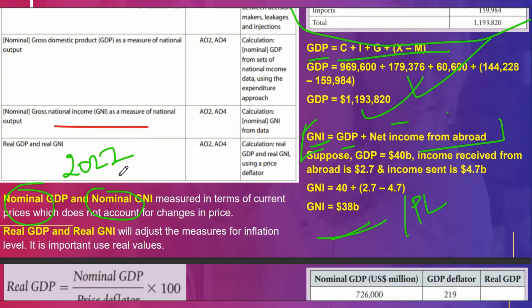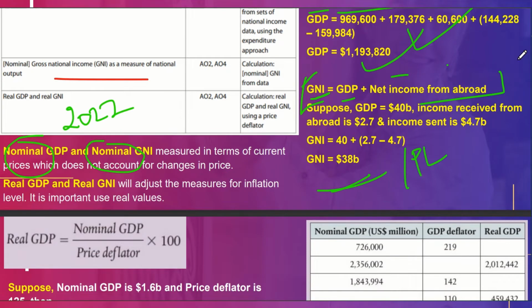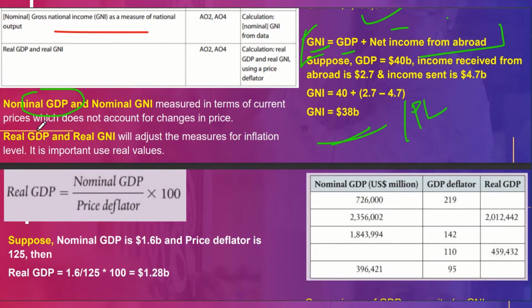If you multiply those two, you will get the nominal GDP. In simple terms, you can remember nominal means current year price and current year output, and real means base year price and base year output. Real means it is adjusted with inflation, because how much the price changes over a time period is adjusted with the inflation.